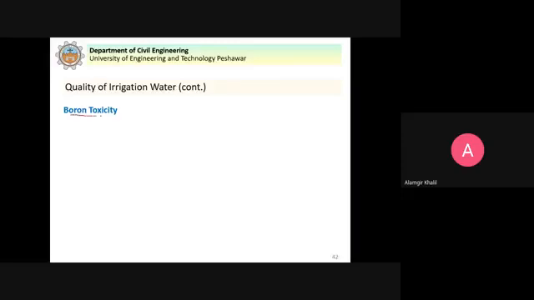Next, we also have boron toxicity. Boron is essential to the normal growth of all plants, but the amount required is low. If it exceeds a certain level of tolerance, depending on the crop, then boron may cause injury to the crops.